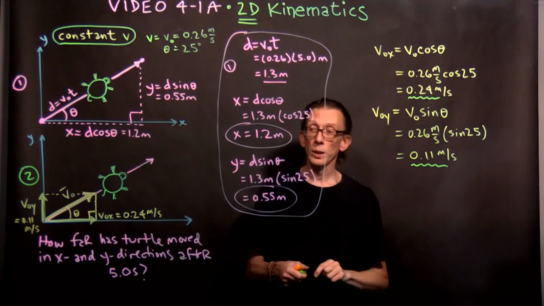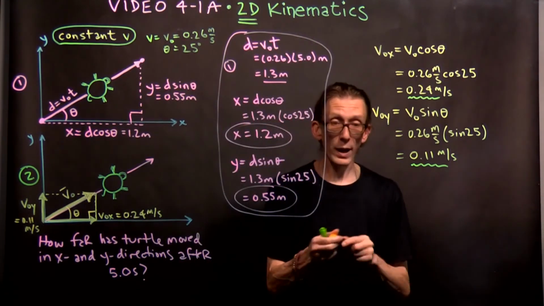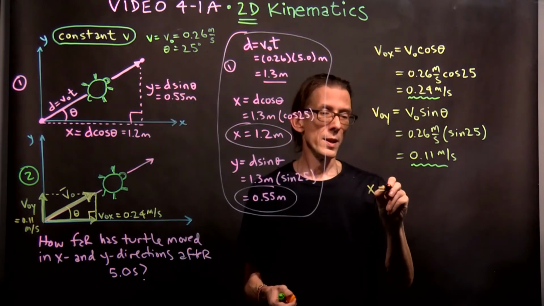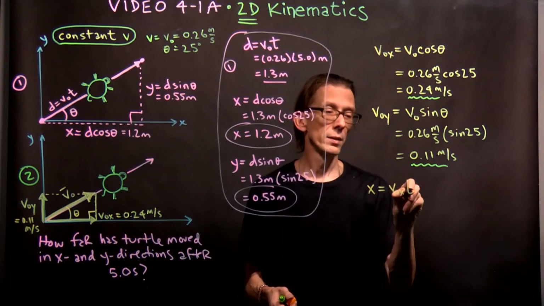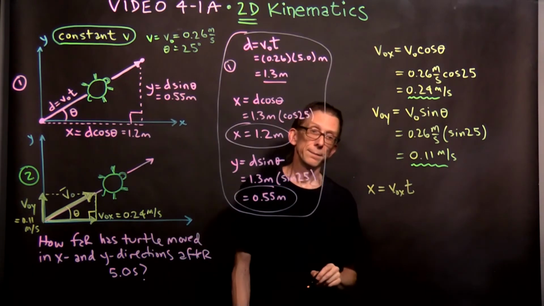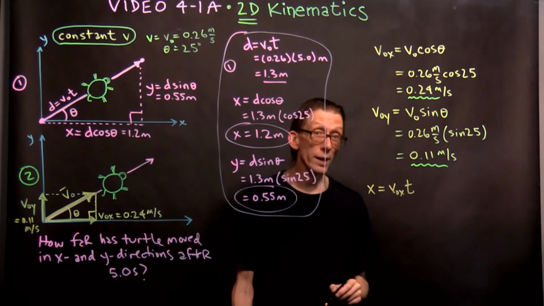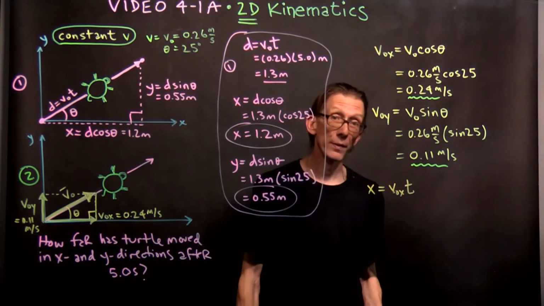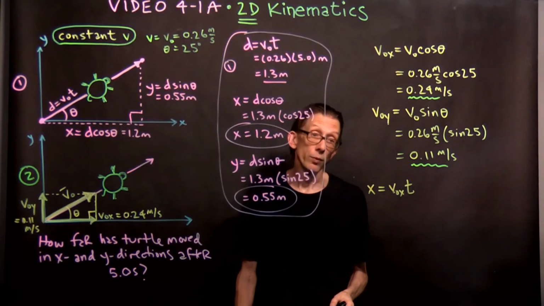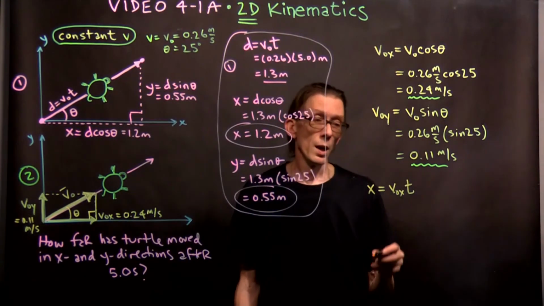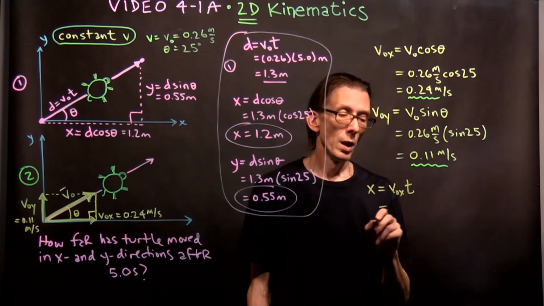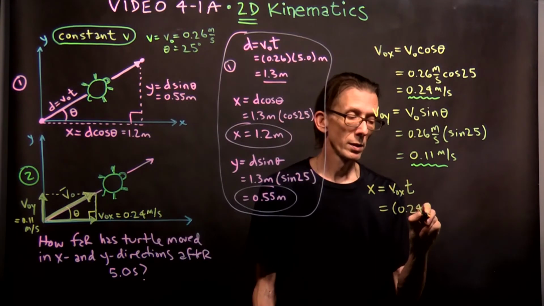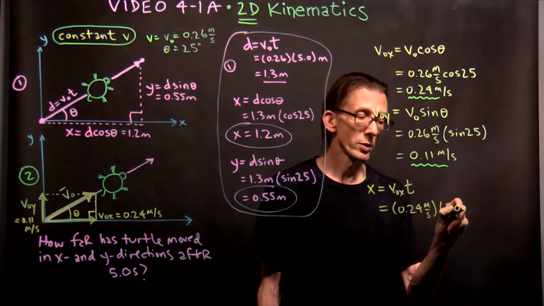And now what we can do is to find out how far the turtle goes in each direction. Now we can write x is v naught x times t. Again, distance is rate times time, the very definition of rate, the very definition of velocity, the very definition of speed, if you will. And so v naught x is 0.24 meters per second times time, which is 5.0 seconds.